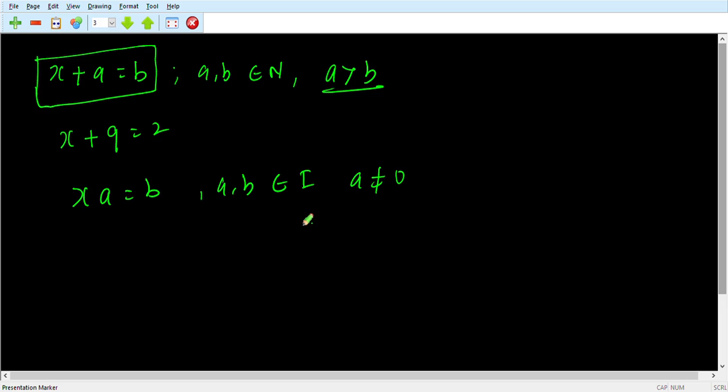Therefore, the set of integers is extended up to rational numbers.